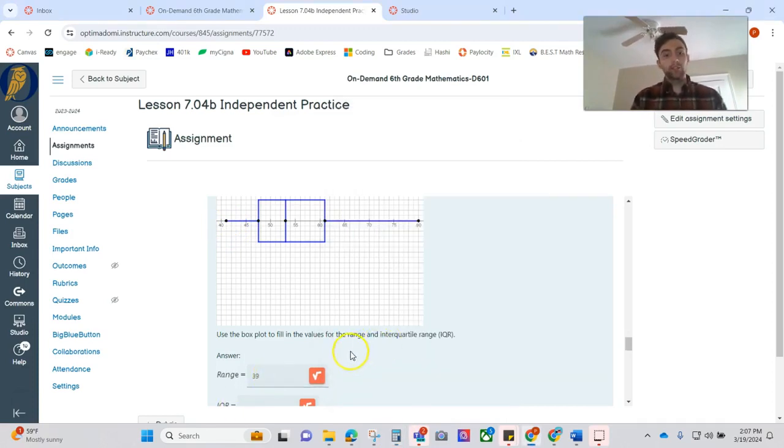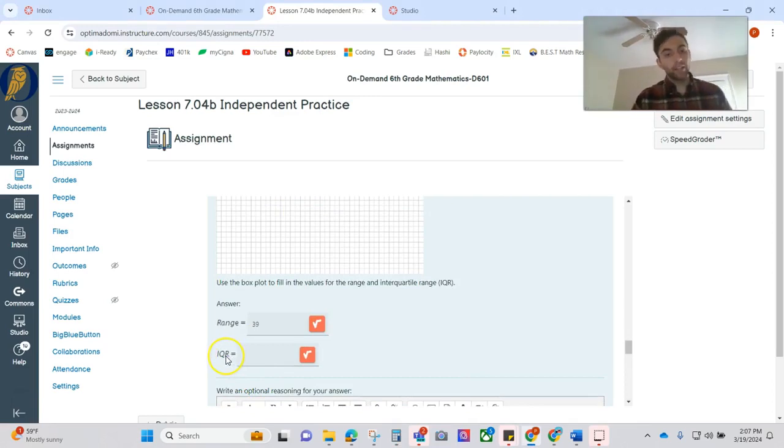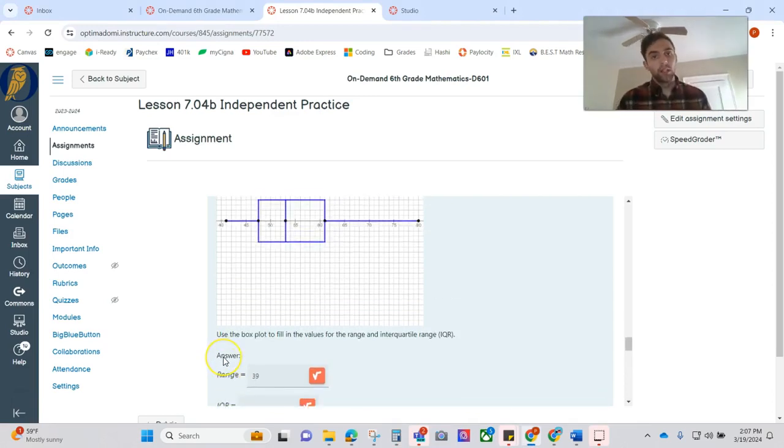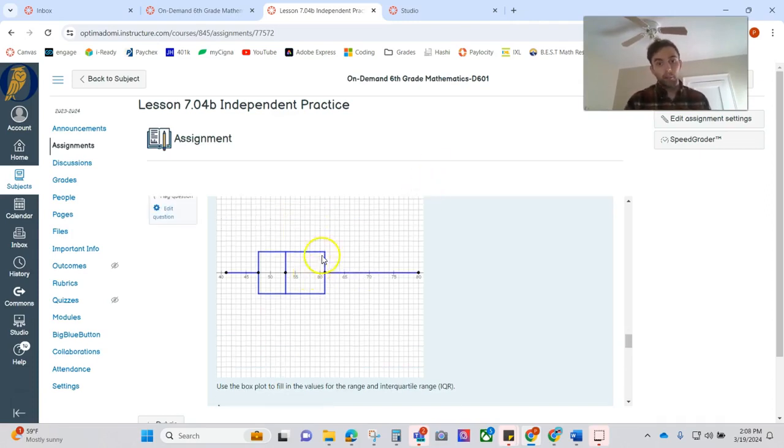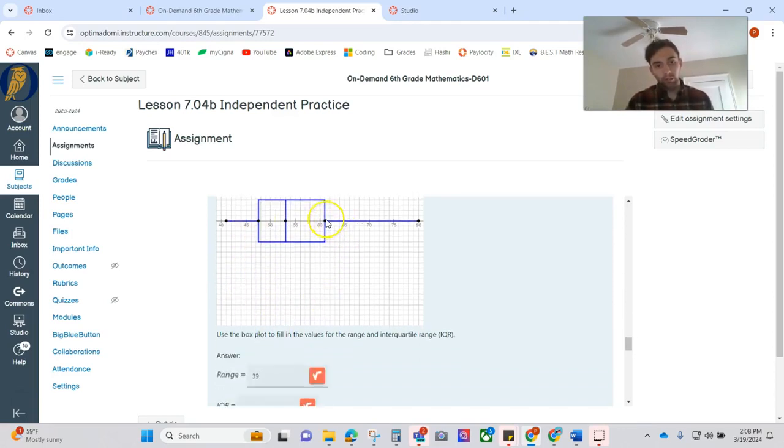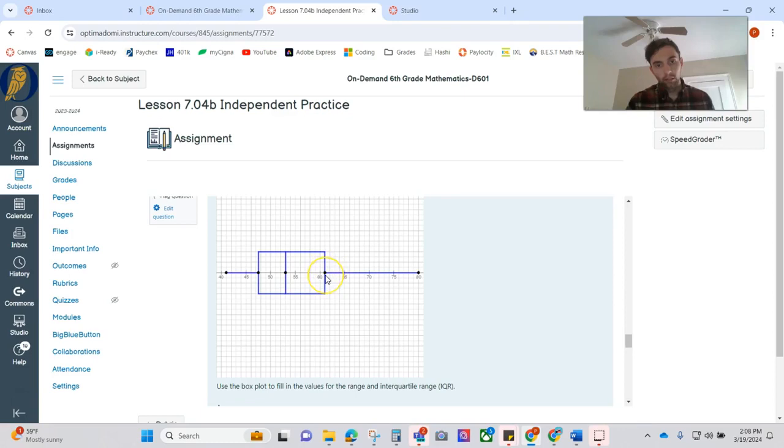39. Interquartile range, or IQR, is very similar to range, but instead of doing the biggest number minus the smallest number, we do quartile 3 minus quartile 1, or the middle of the big numbers minus the middle of the small numbers, the end of the box minus the beginning of the box. What is quartile 3? Yep, it's 61.